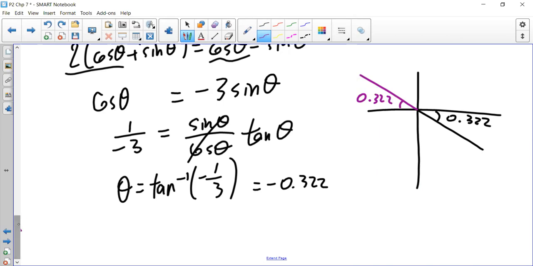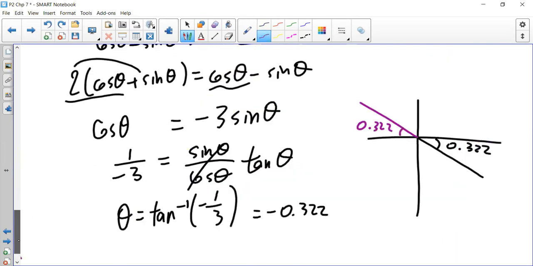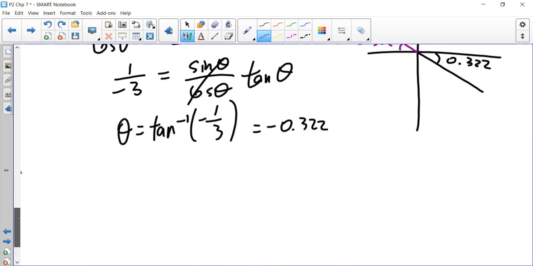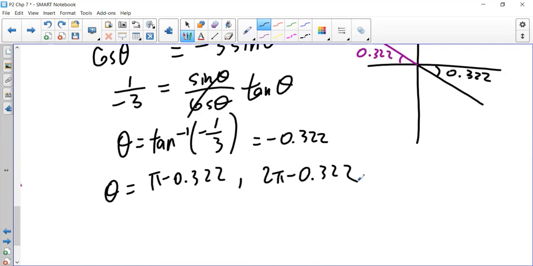So what are my solutions? Where's the domain? The domain is between 0 and 2 pi. So between 0 and 2 pi, the first purple value is going to be pi minus 0.322. So pi minus 0.322, that's my first answer. Second answer is 2 pi minus 0.322. If you struggle to understand what I'm doing here, think about it in degrees.